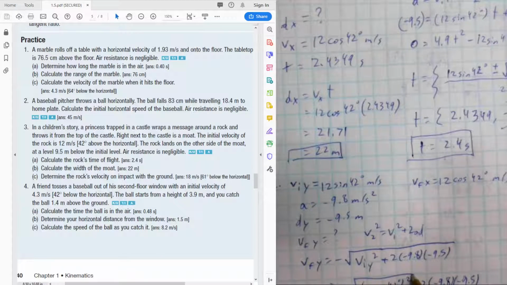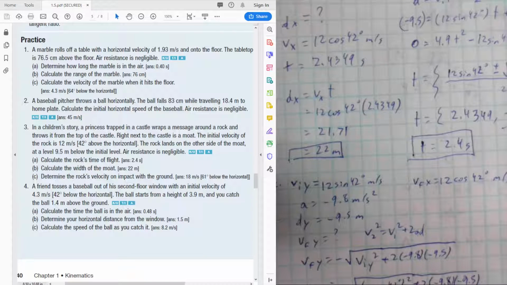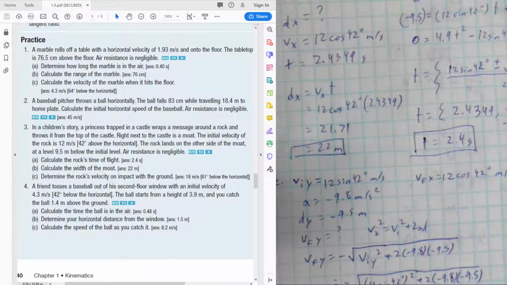The reason I'm writing this negative is because this will give me two answers. One of them is going to be negative 15.8327 meters per second. The other is going to be positive 15.8327 meters per second.